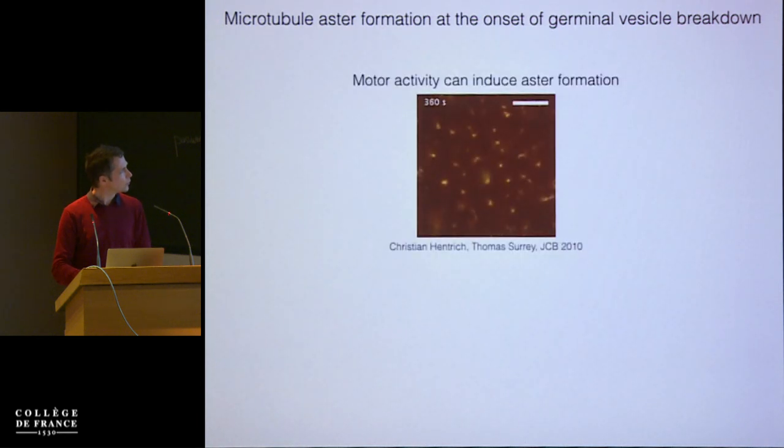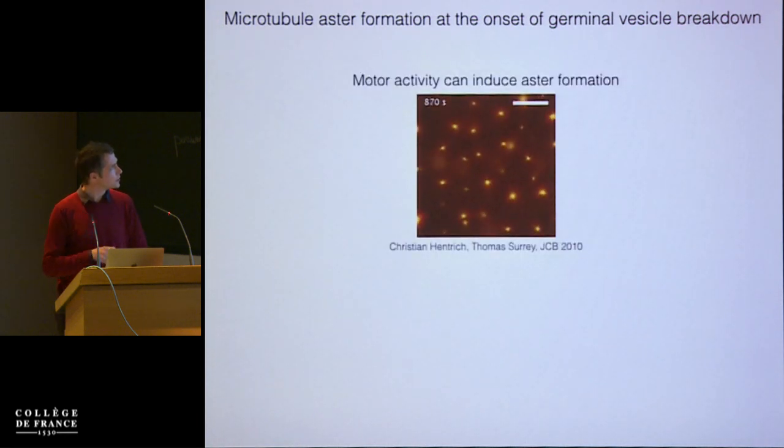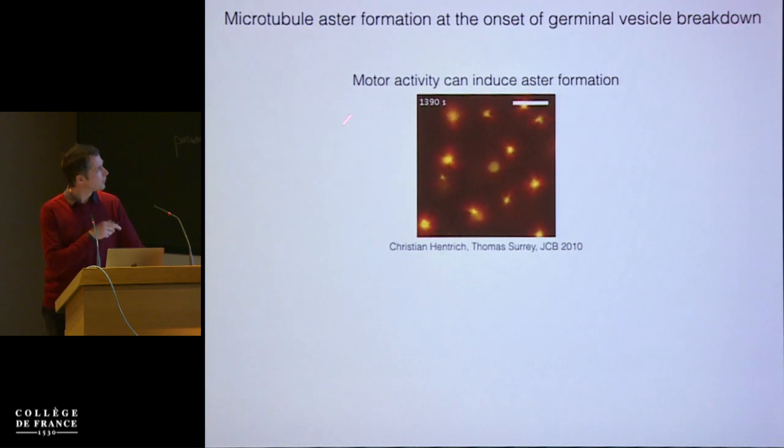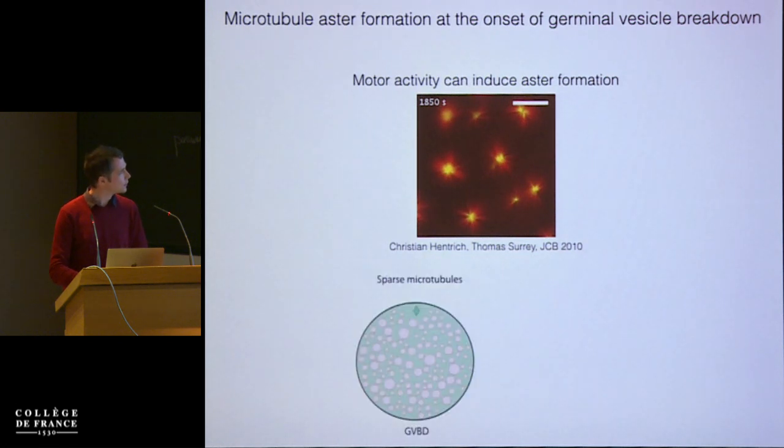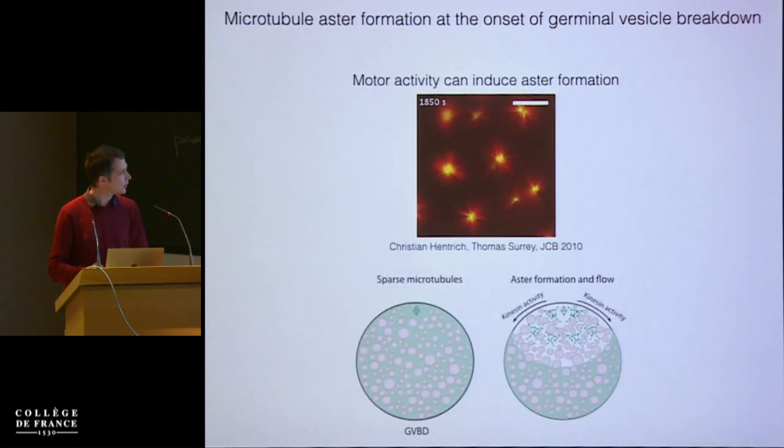Okay, so this microtubule aster formation has previously been associated with the activity of microtubule motors, and what we did is we assumed that perhaps kinesin or dynein activity is involved, and that the germinal vesicle breakdown actually triggers this aster formation by triggering the motor activity of kinesin or dynein.